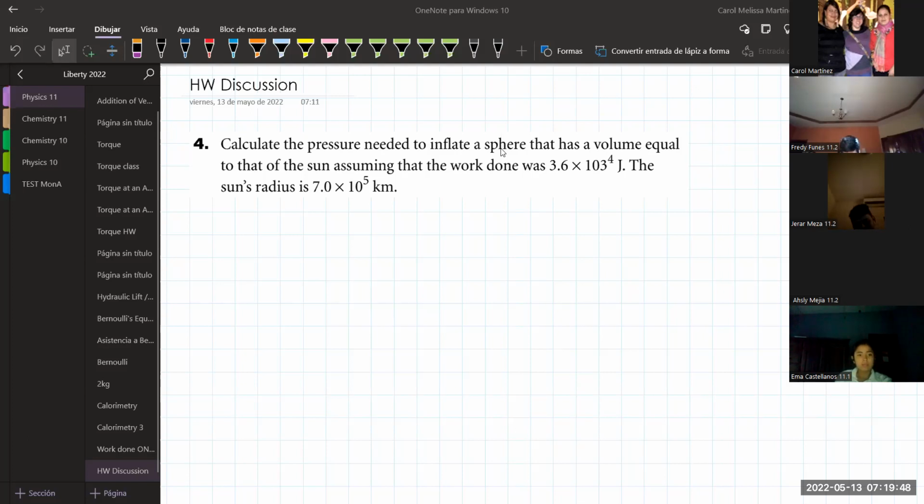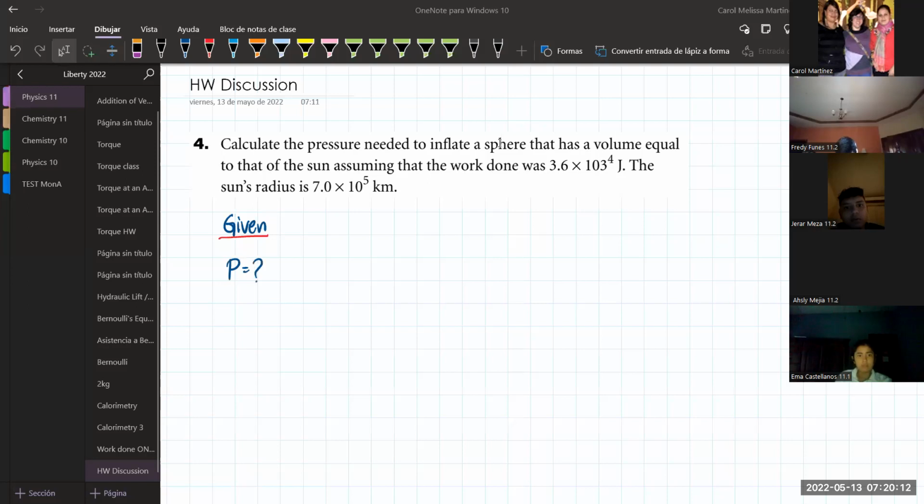Okay, so they're giving me, it says calculate the pressure. That means that I need to find the pressure. Okay.